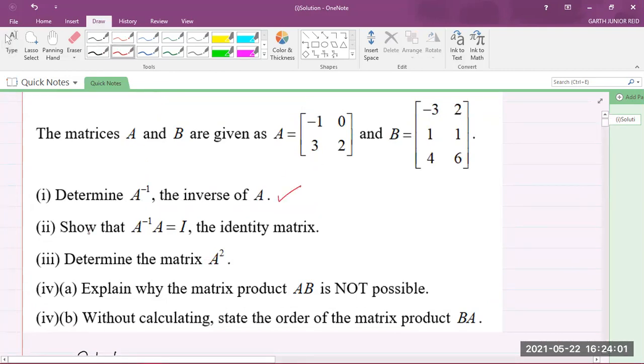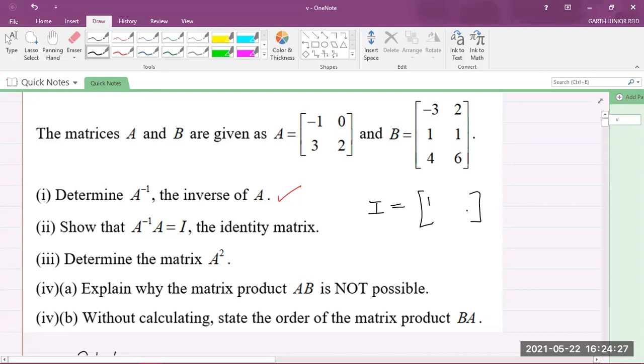Part two now says we're to show that the inverse of A multiplied by the matrix A is equal to I, where I is known as the identity matrix. Now, what is the identity matrix? The 2 by 2 identity matrix is going to have one in the main diagonal.